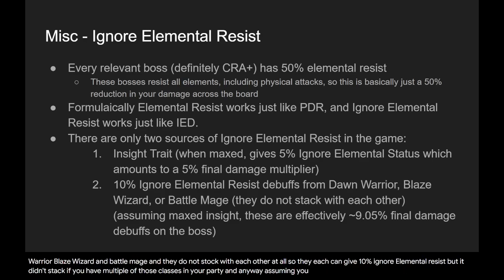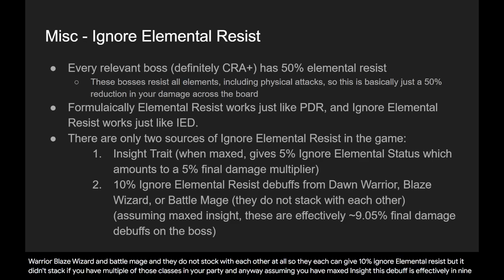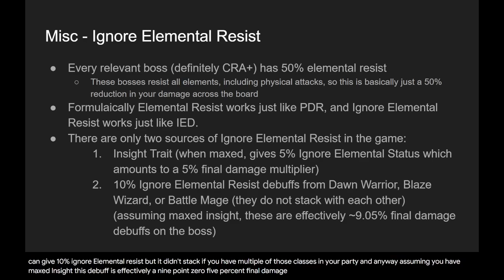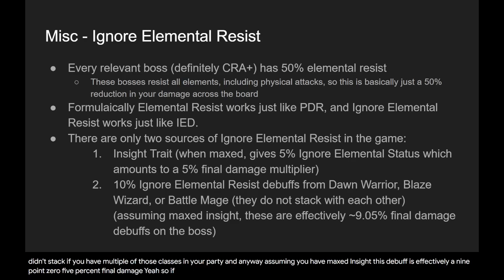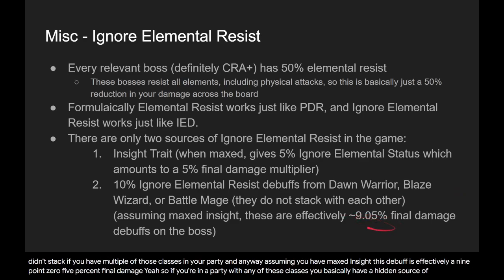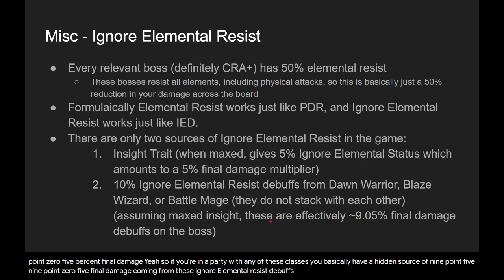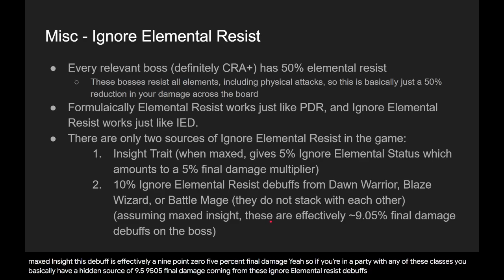Assuming you have maxed insight, this debuff is effectively a 9.05% final damage debuff on the boss. So if you're in a party with any of these classes, you basically have a hidden source of 9.05% final damage coming from these ignore elemental resist debuffs, which is pretty absurd.